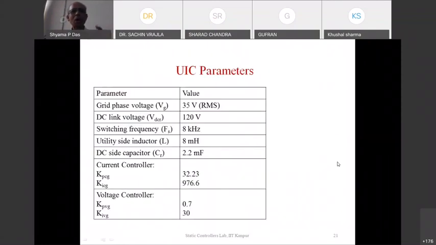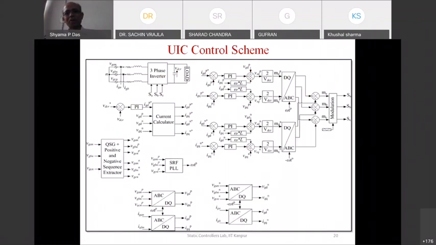So if we want to increase the capacitor voltage, we have to draw more active power. If we want to decrease the capacitor voltage, we have to reduce the active power from the input. So the active power is basically realized by the difference of the reference DC link voltage and actual DC link voltage.